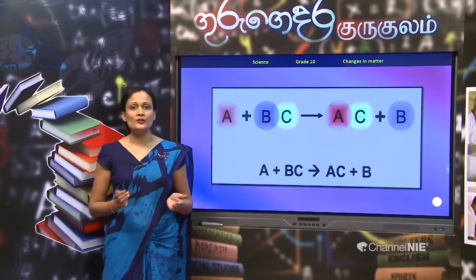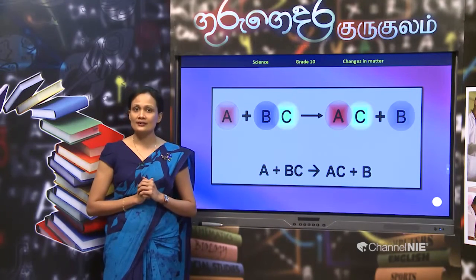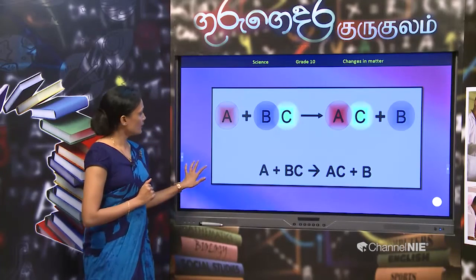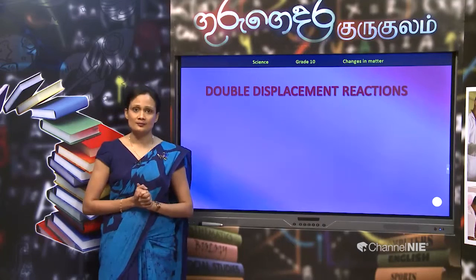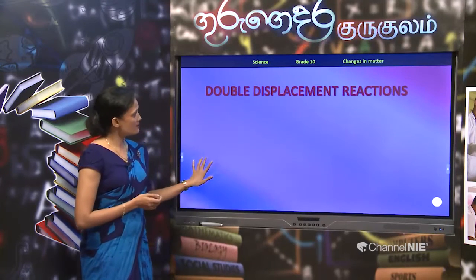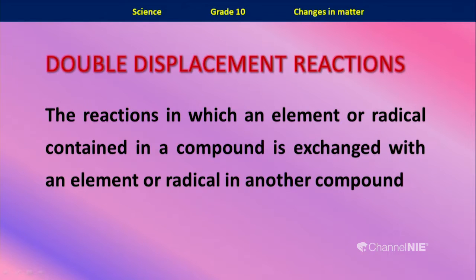Now I am going to discuss the last type of chemical reaction. Look at this, children: double displacement reactions. What does double displacement reaction mean? The reaction in which an element or radical contained in a compound is exchanged with an element or radical in another compound.